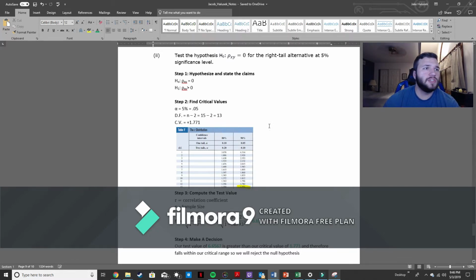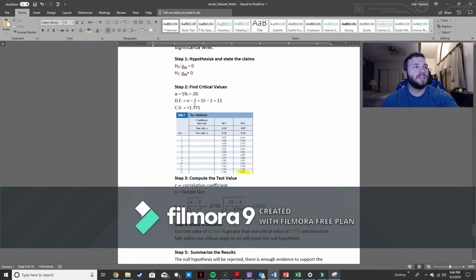Going into the t distribution table, we take our degrees of freedom, scroll down to here, and go across to find our one tail, because we are trying to see that rho is greater than 0, so it's a one-tailed, right-sided hypothesis. One tail at alpha 5% or 0.05, matching up to our degrees of freedom at 13, equals 1.771. This is positive because we are on the right side of that normal distribution curve.